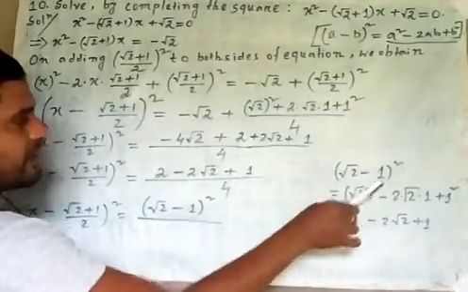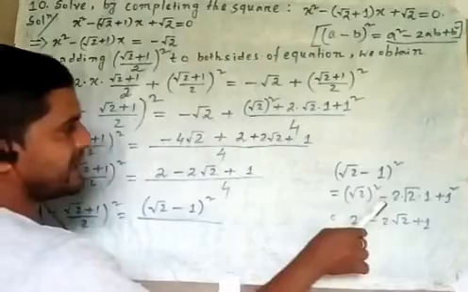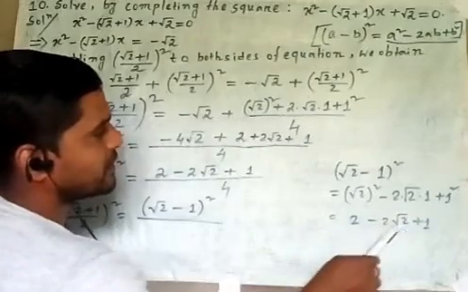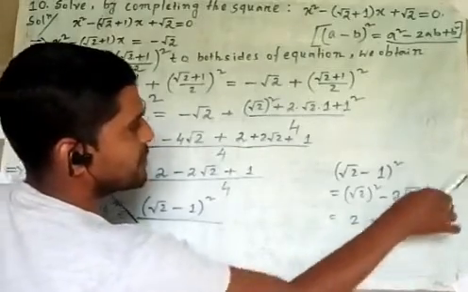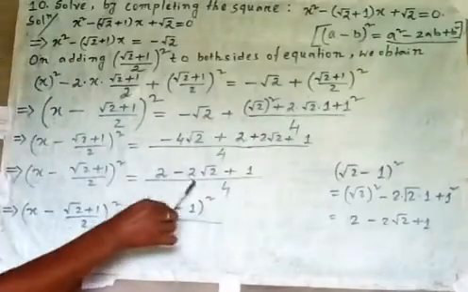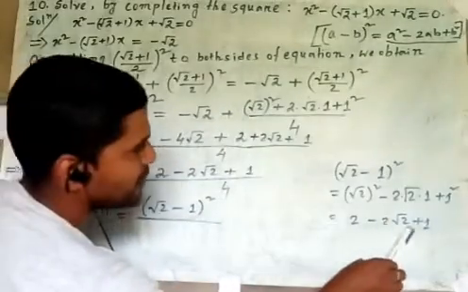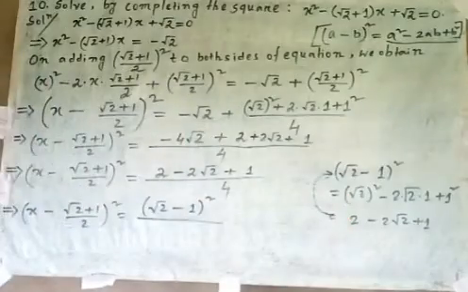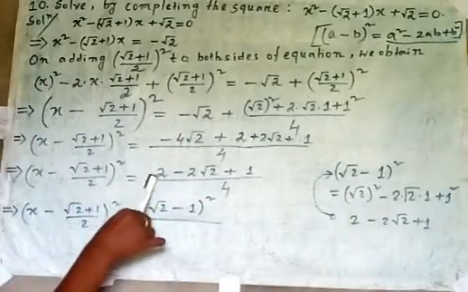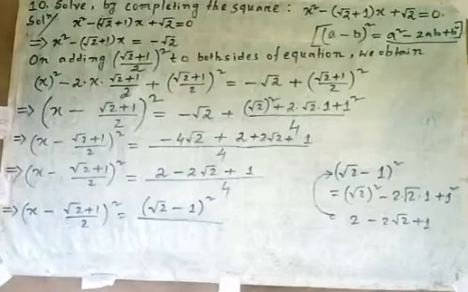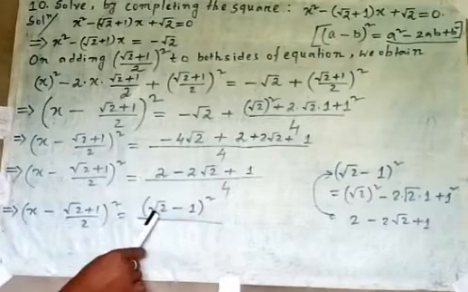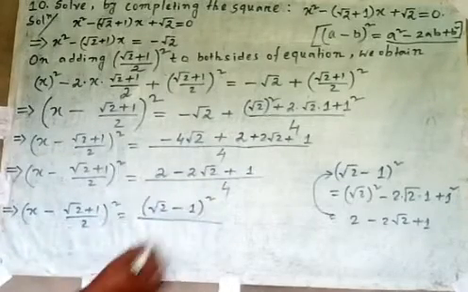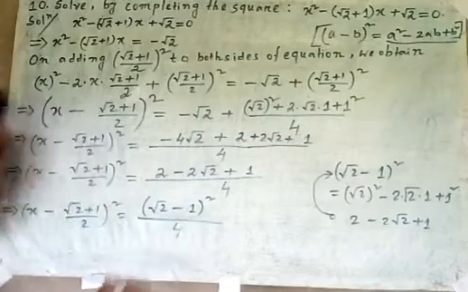So root and square are cancelled, only 2 remains. Then minus is minus, 2√2 into 1, 2√2, plus is plus, 1 square means 1. So 2 − 2√2 + 1 is coming from (√2 − 1) whole square. That is why 2 − 2√2 + 1 we can write as (√2 − 1) whole square. Then 4 is 4.